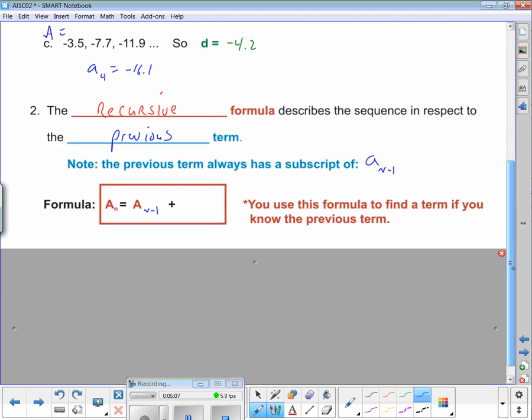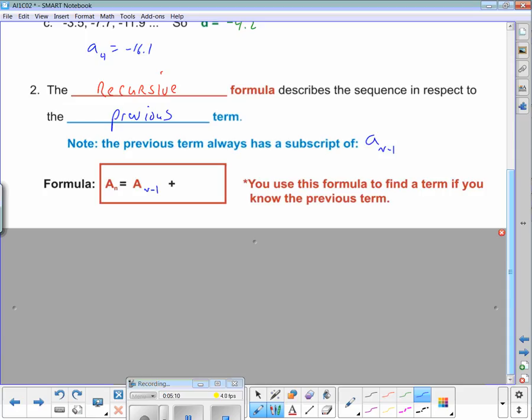So therefore the formula is going to be A sub n equals A sub n minus 1 plus the common difference, which is d, right? Isn't that how you get the next term? You add d to the previous one, and that's all we're doing. Look, don't make that mysterious. This is simply add d to the previous term. You'll get the next one. So all of that notation is just simply add d to the previous term. We can do that. You can do that.